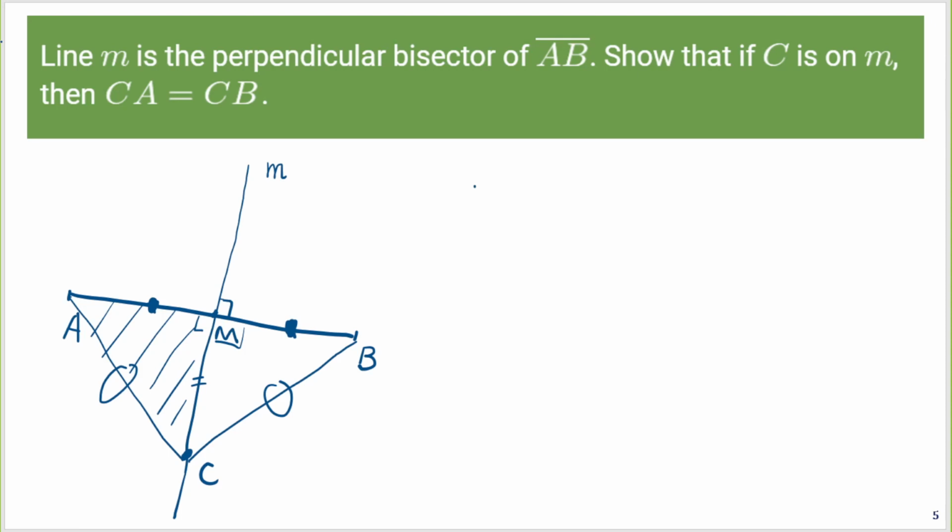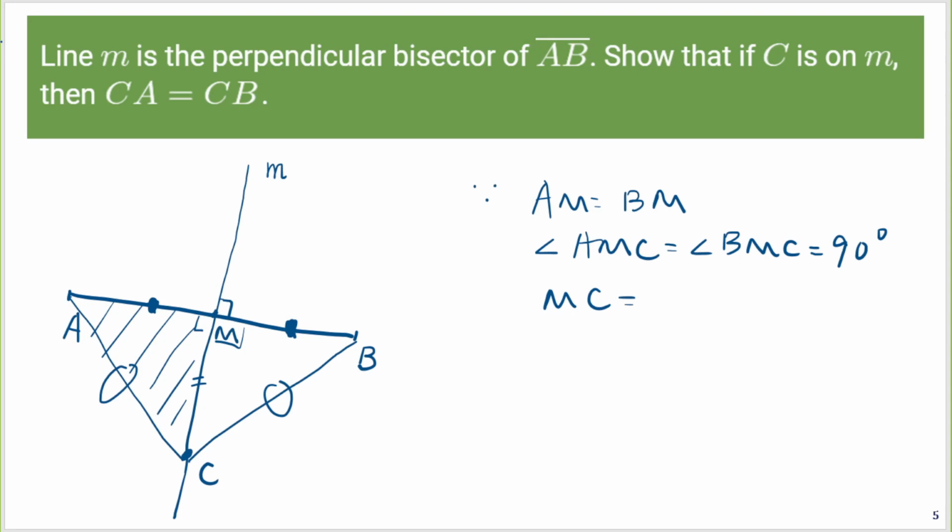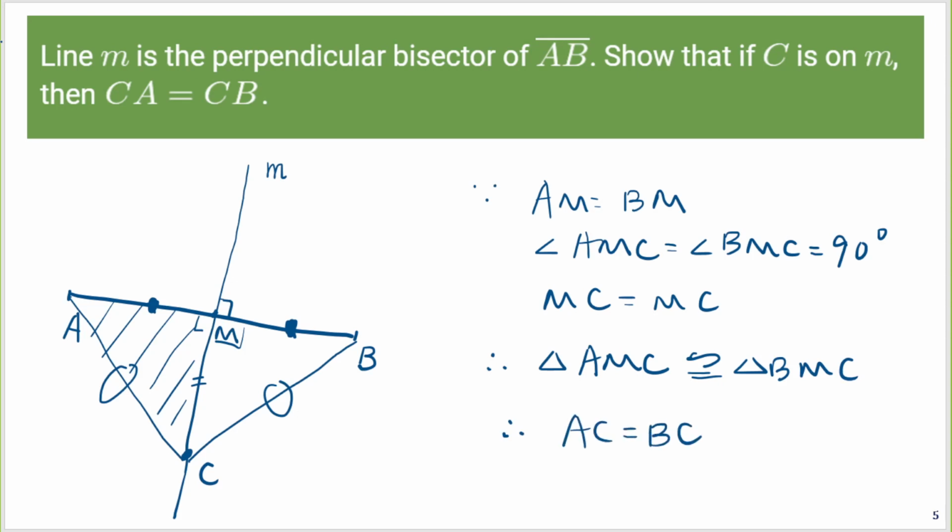Therefore, this side equals this side, right? Can you follow me? Okay, because AM equals BM, angle AMC equals angle BMC equals 90 degrees, and they share the same length MC equals MC. Therefore, triangle AMC is congruent to triangle BMC, right? Therefore, corresponding lengths are also equal. So AC equals BC, or CA equals CB. This does not depend on where C is, right?